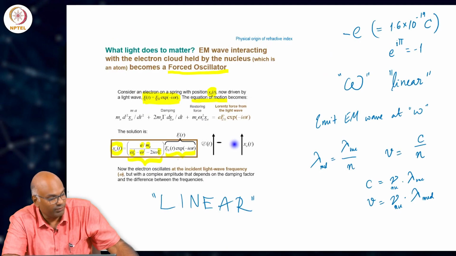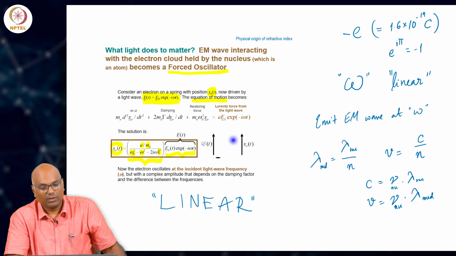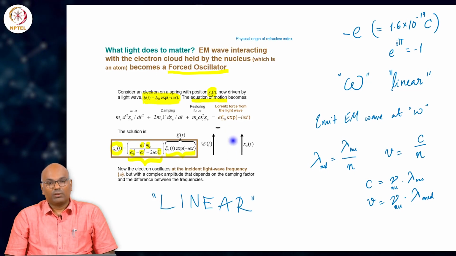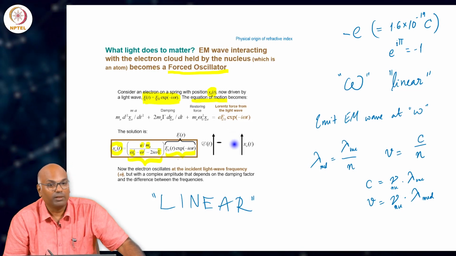This is exactly what we depicted in the previous case. They are oscillating pi out of phase. They are in perfect disagreement, if you wish.